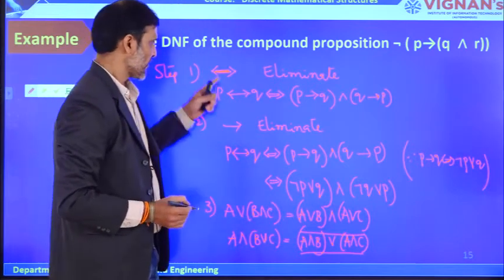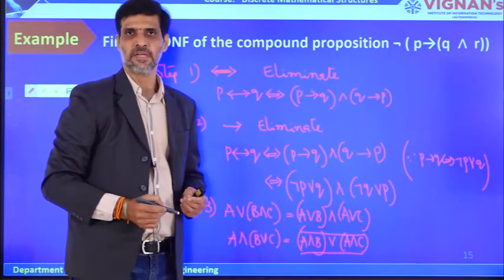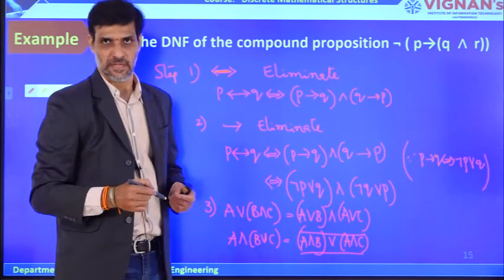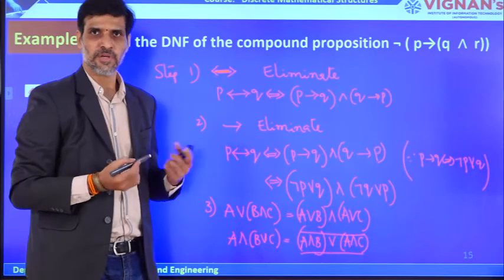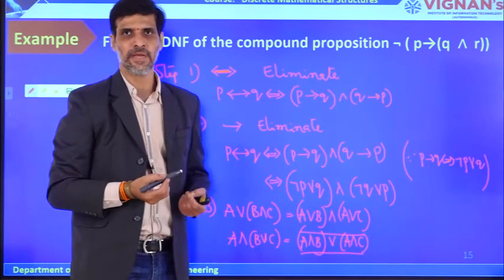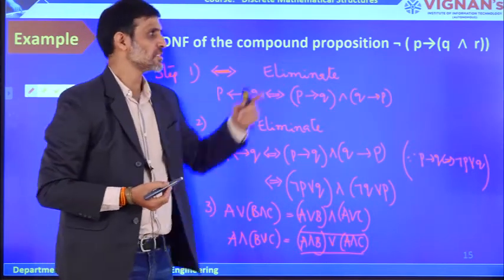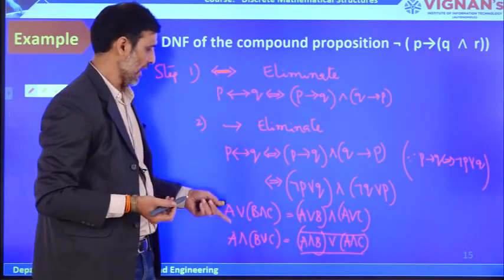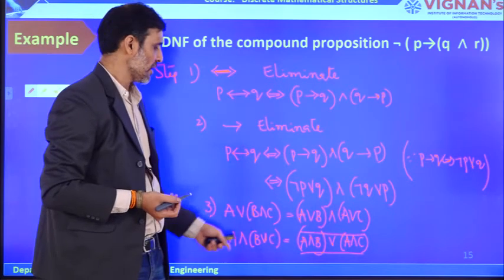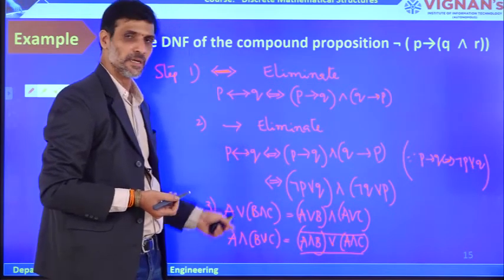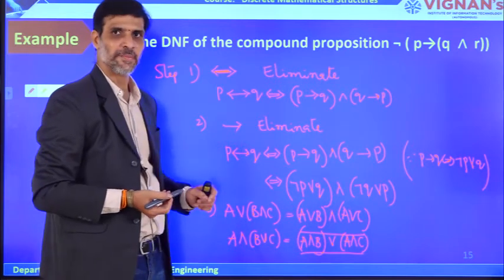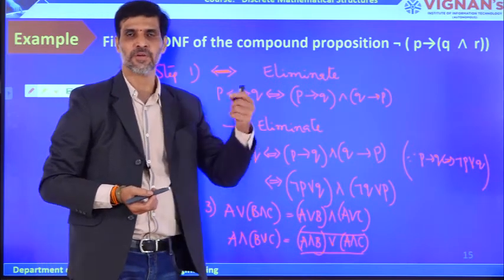So first eliminate biimplication if it contains, and then eliminate implication if it contains. If both are not there, straight away you can apply the logical equivalence laws to the given formula and convert it. And then, if possible, you take the distributive laws, either this or this, depending upon which form you are going to convert to.